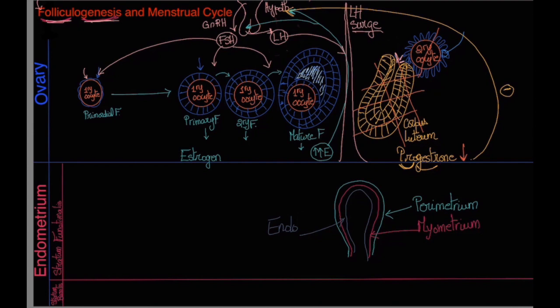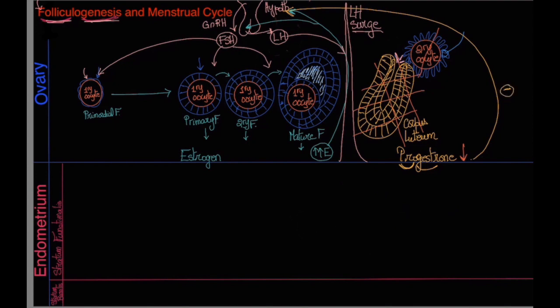So again, 3 layers are forming the wall of the uterus. From outside in: perimetrium, myometrium, and then endometrium. What we're looking at here is the endometrium. The endometrium is divided into 2 layers.